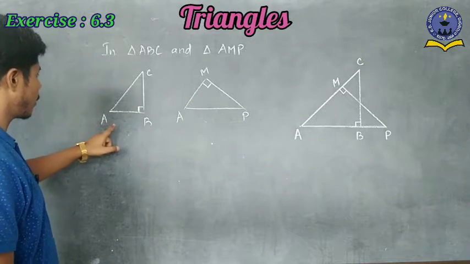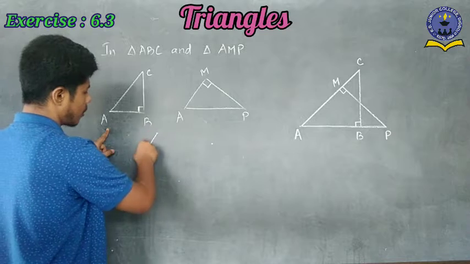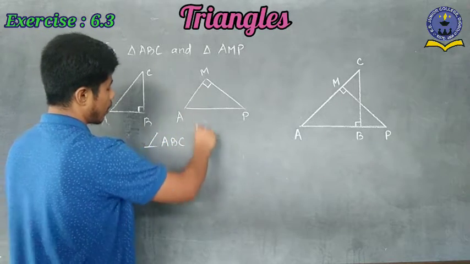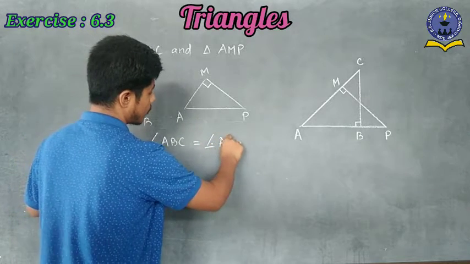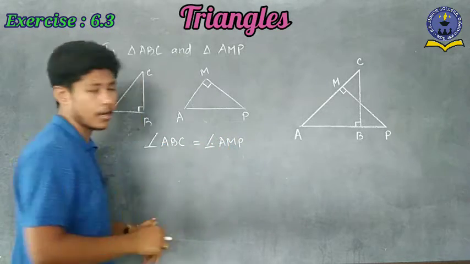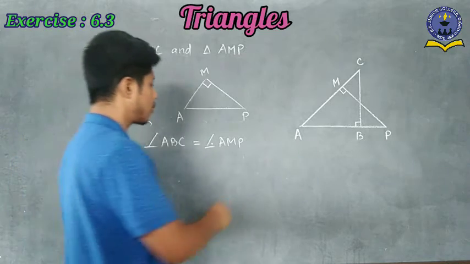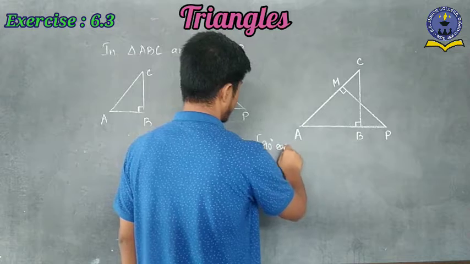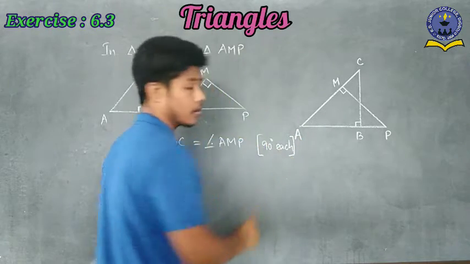First we write angle ABC is equal to angle AMP, and in brackets the reason: 90 degrees each.